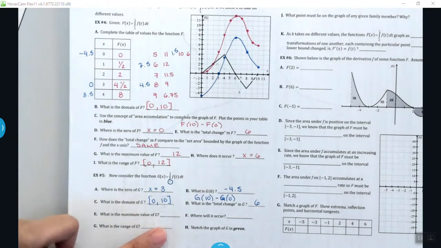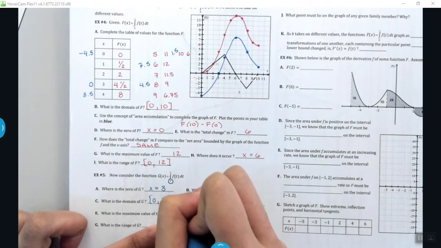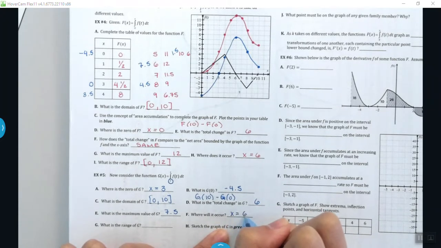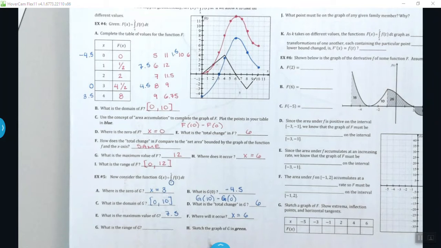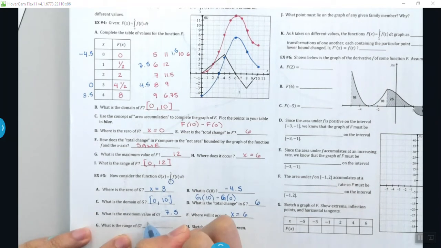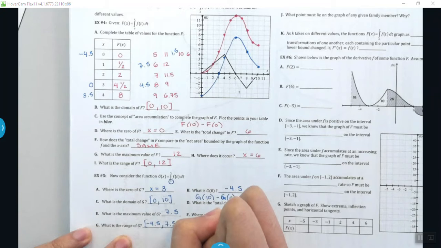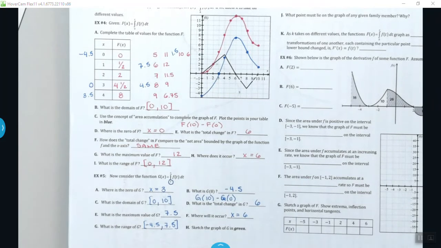Our maximum is now 7.5. But it still happens at x equals 6, right? And my range is from negative 4.5 to 7.5. Okay, so not much has changed. It's just my starting value.